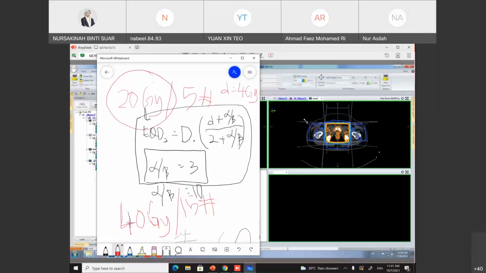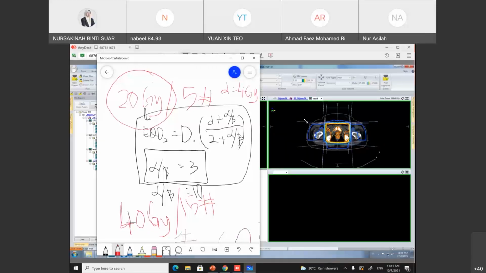Any questions? Miss, I have a question about EQD2 actually. From what I realized, if we do hypofractionation, we tend to realize that the dose to OAR is higher compared to tumor.